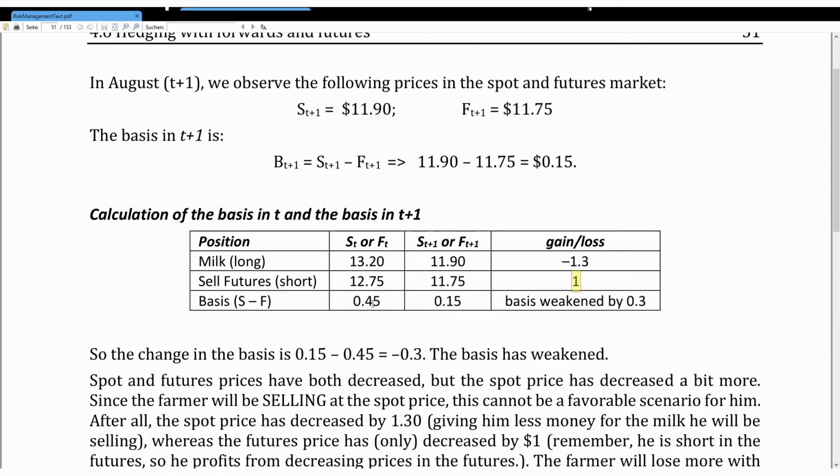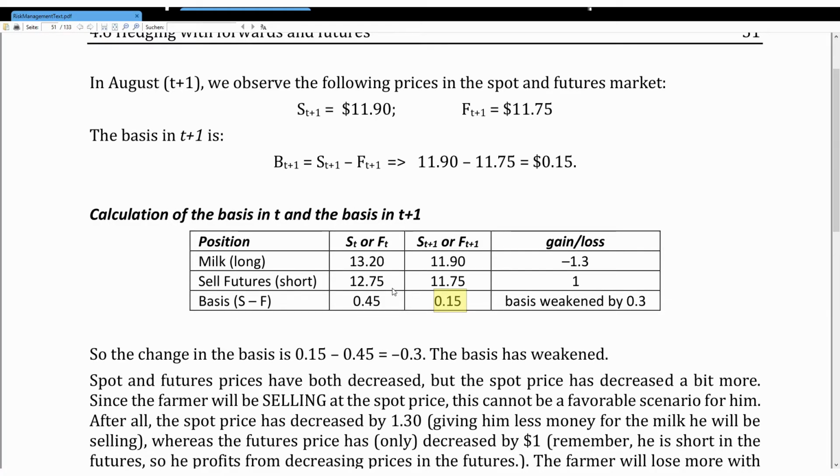If we compare the basis, we see the basis is going from 45 cents to 15 cents. That is actually going to the left on an imaginary number line. The basis is weakened. Please note that in this example, we are looking at an unusual scenario with what we call backwardation.